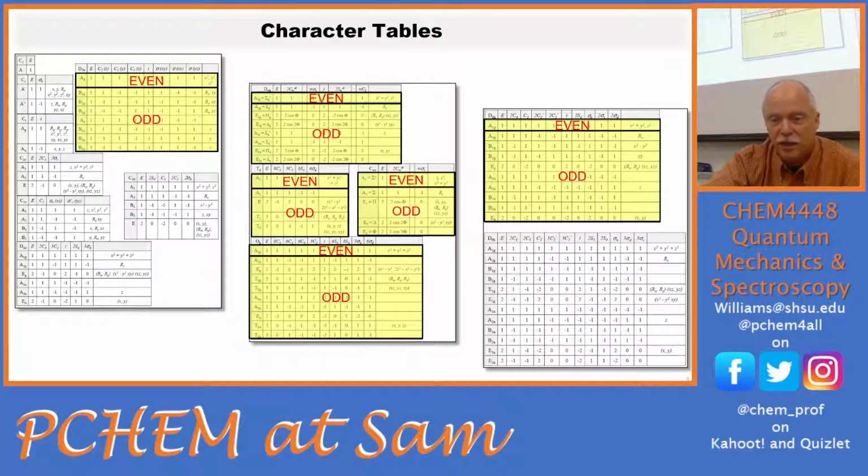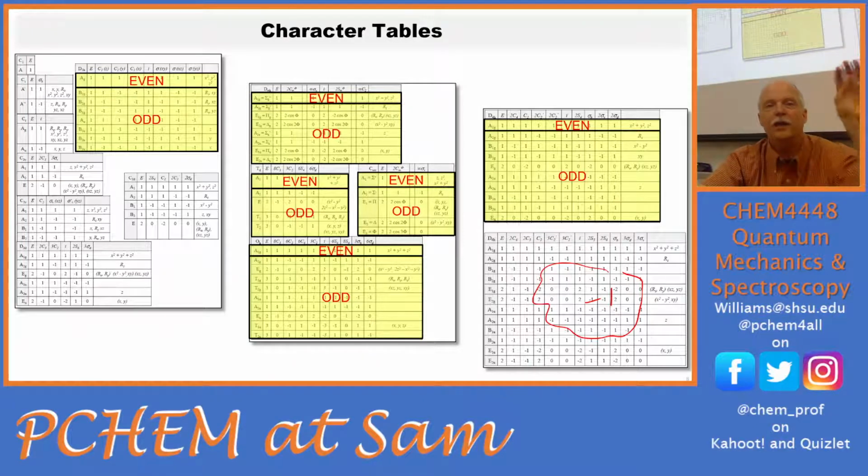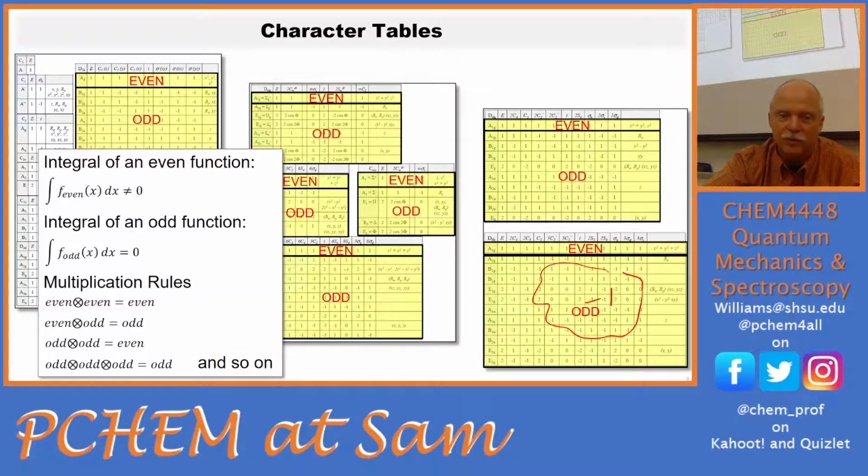And you can see that in the characters. You see there's lots of -1s on all of these other rows. All of these contain -1 somewhere, which is a characteristic of an odd function, and the top row is straight +1s all the way across. So no matter what I do to that molecule, if it's an orbital or a vibration or whatever, and I rotate it and I invert it and I do all of the symmetry elements to it, and the wave function is still symmetric, then it's totally symmetric and it's going to have a non-zero integral result.